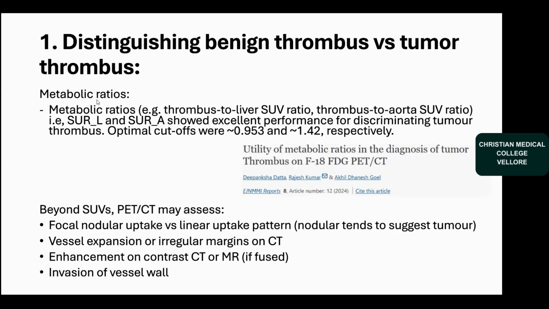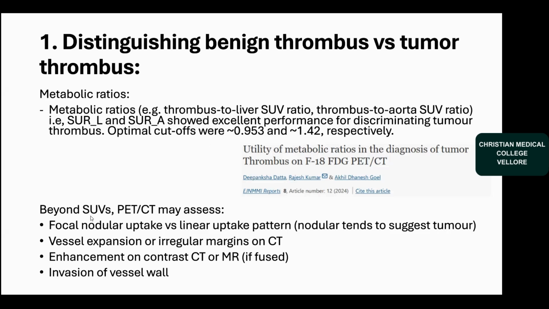So they developed a metabolic ratio: the standardized uptake value ratio of the thrombus to liver, SURL, or the thrombus to aorta, SURA. The optimal cutoffs were 0.953 for SURL and 1.42 for SURA. That was also differentiating a benign and a malignant thrombus.